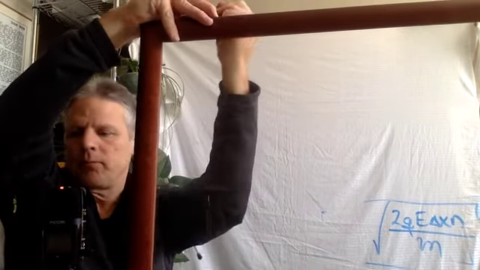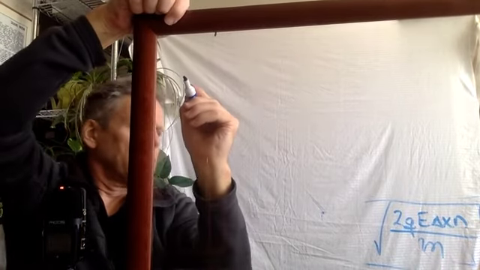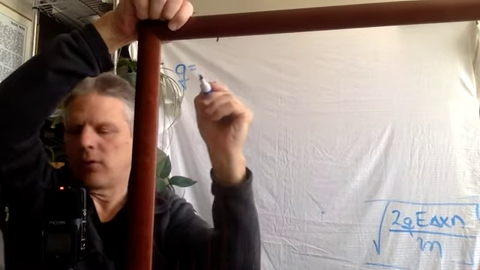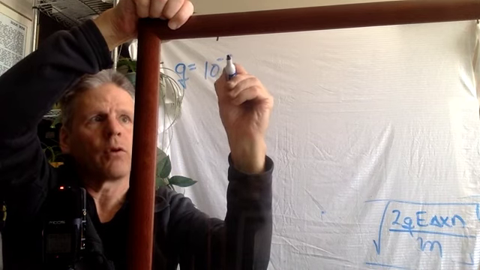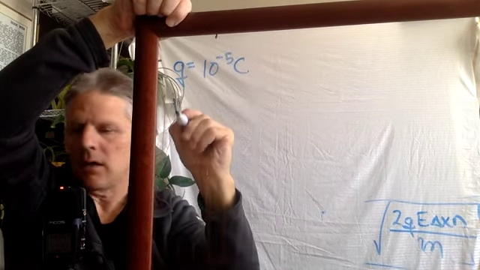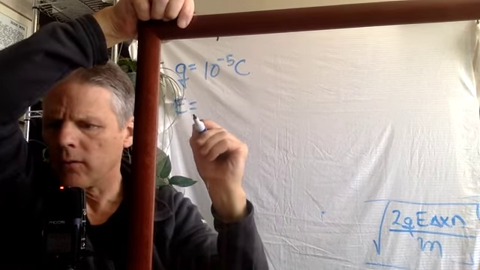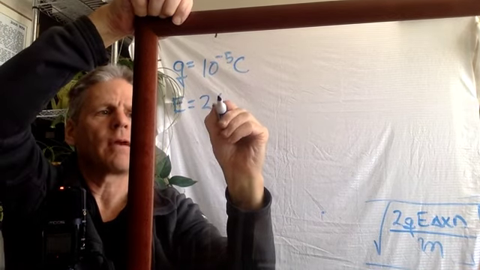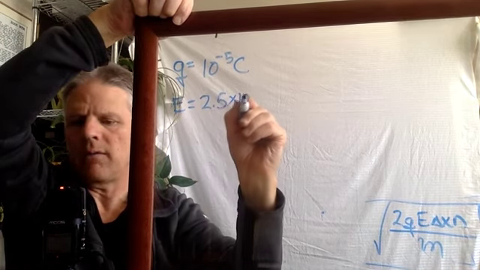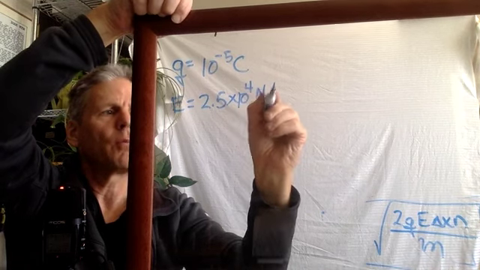We know Q equals 10 to the minus 5 coulombs. E equals 2.5 times 10 to the 4th newtons per meter.